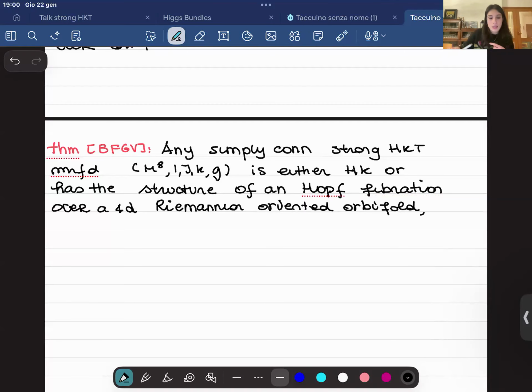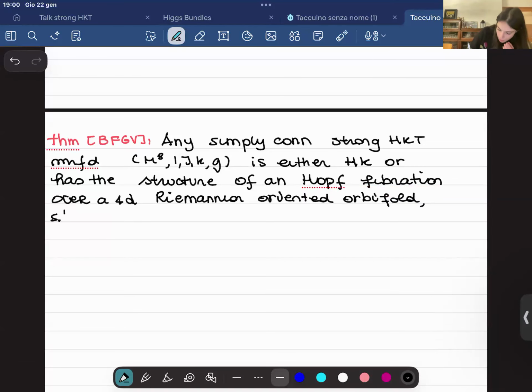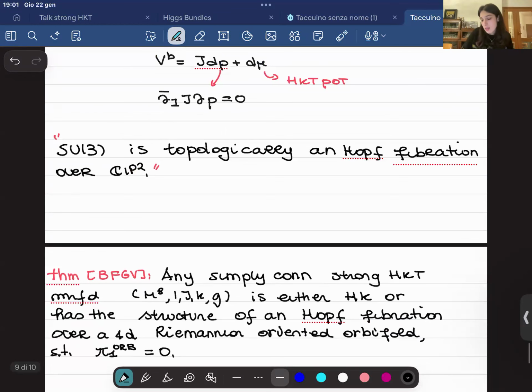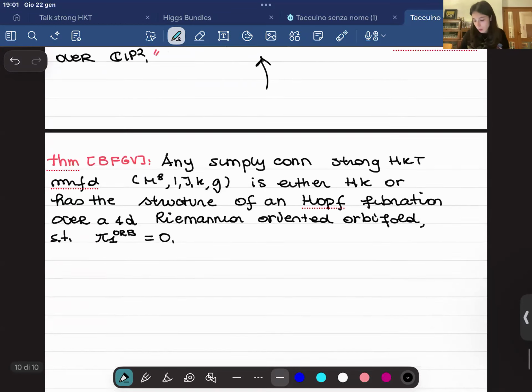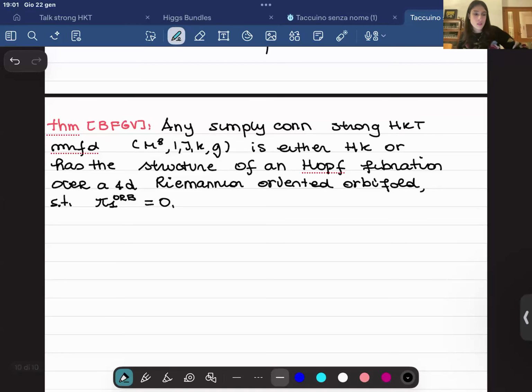And by the long exact sequence, you can also prove that the first orbifold fundamental group is equal to 0. So in dimension 8, apparently, we have either hyperkähler or this structure of an S3 fibration over a 4D orbifold. And as you may see, the case of SU3 perfectly fits in this. And I conclude here. Thank you very much.